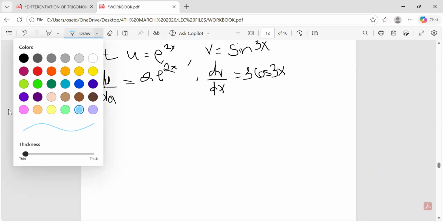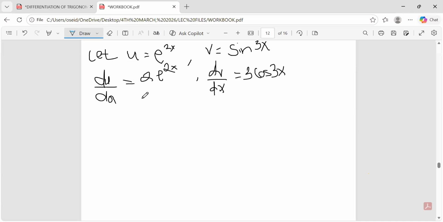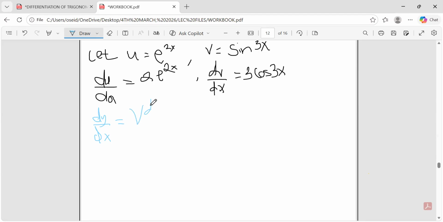So we now move on to the formula for the product rule. We say that for the product rule, dy/dx is equal to u dv/dx plus v du/dx.